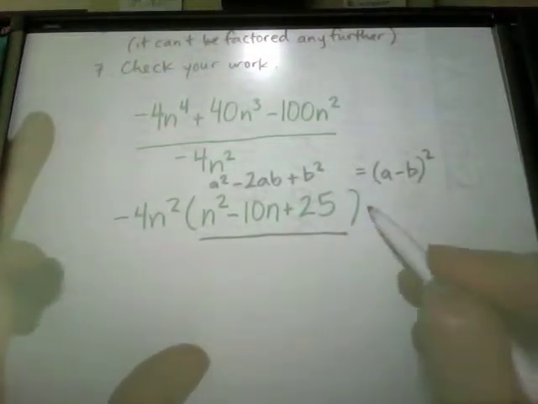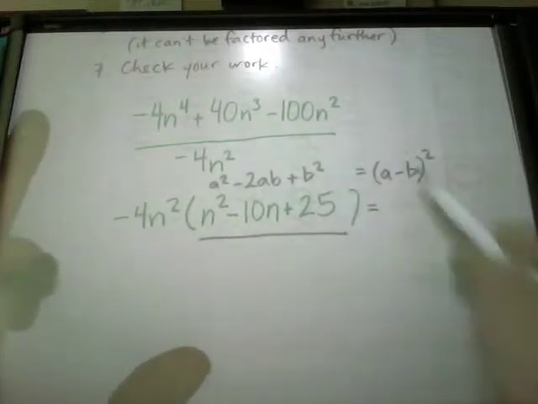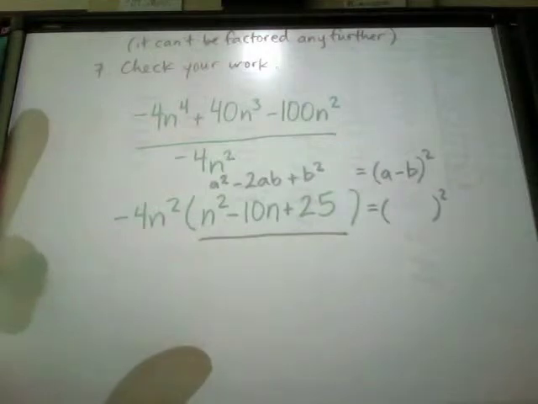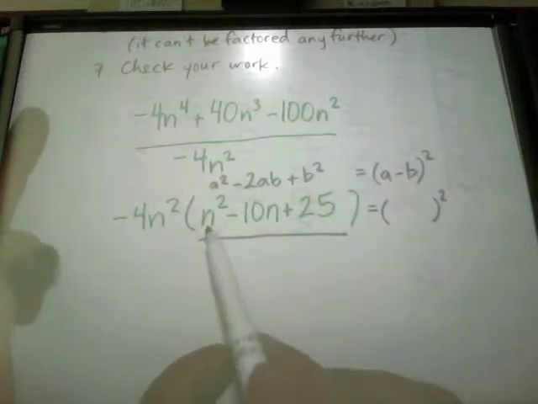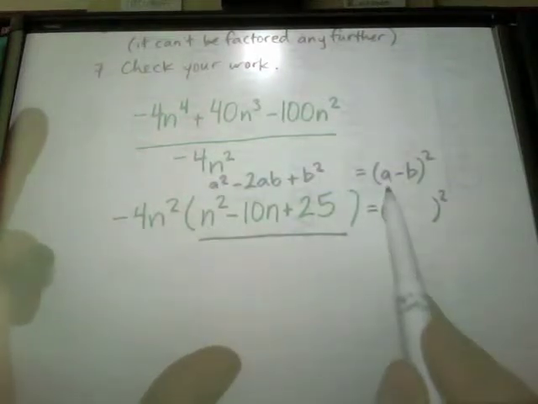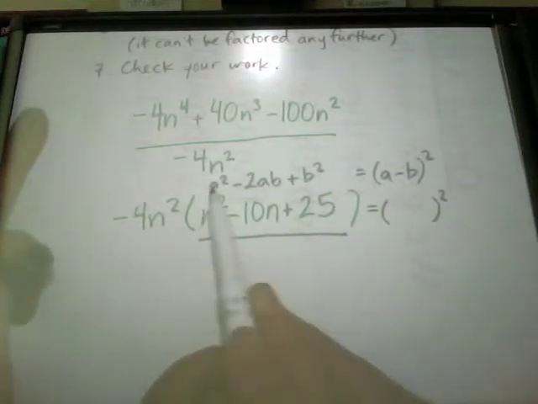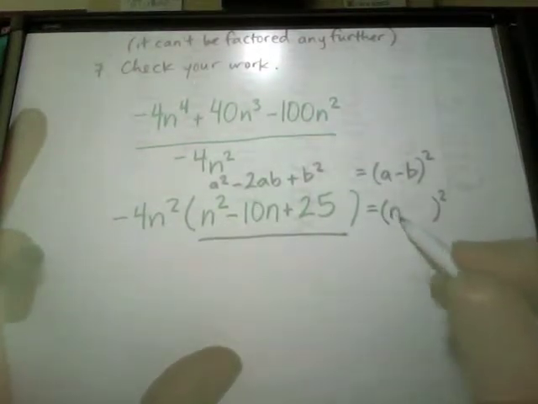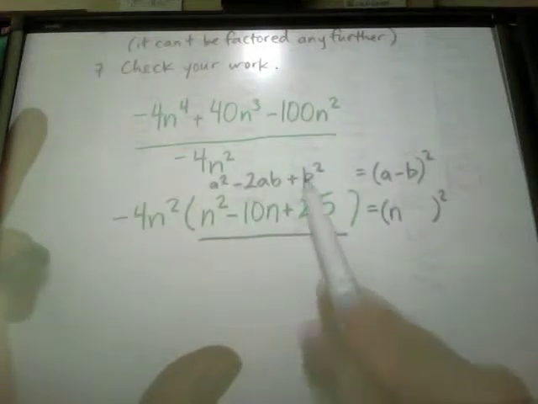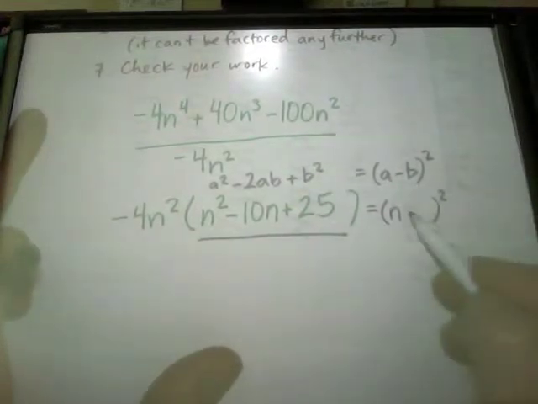So I'm going to check and see if this piece matches that. Now again, you can do reverse FOIL, but you do need to be able to use this pattern, so I'm going to review it since this one might fit the pattern. If this is my a squared, what's plain A? If n squared is in the a squared position, what's plain A? Daniel? N. N. If 25 is in the b squared position, what's plain B?